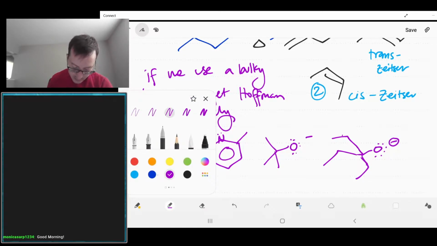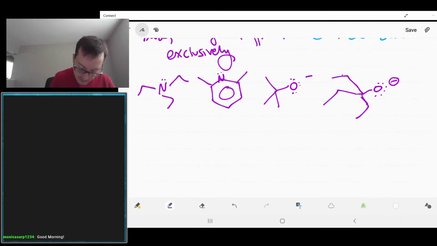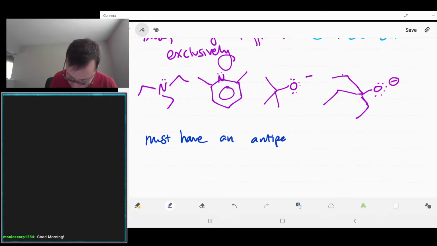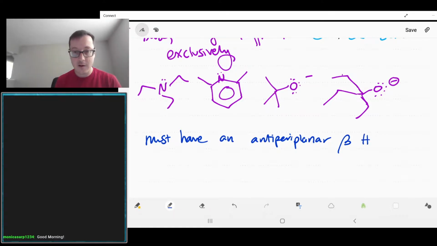Remember that the other important bit of this is that we must have an anti-periplanar beta hydrogen for this to work. And so we're going to see that sometimes we don't have that.